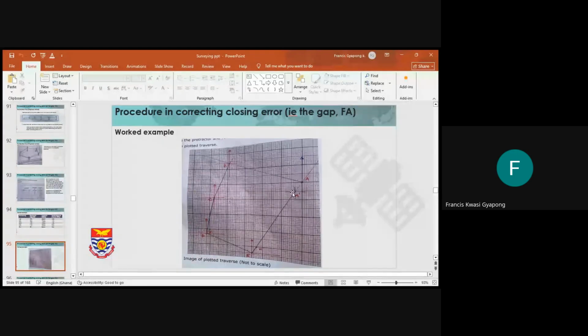It ended in the middle here at A prime. So there are some broken lines here. This gap is what you call the error of closure. And this is what we are going to distribute over all the points. I hope that is clear.